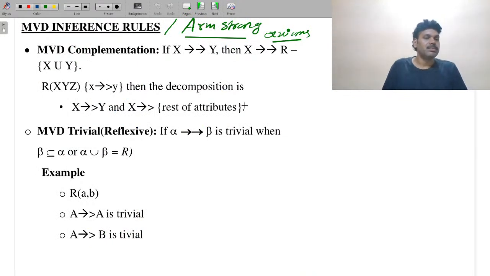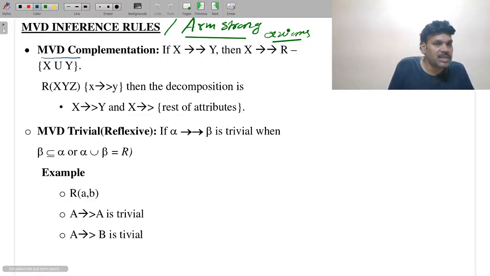So come to MVD inference rules. What are the MVD inference rules, friends? Observe carefully. The first rule is very important: complementation.